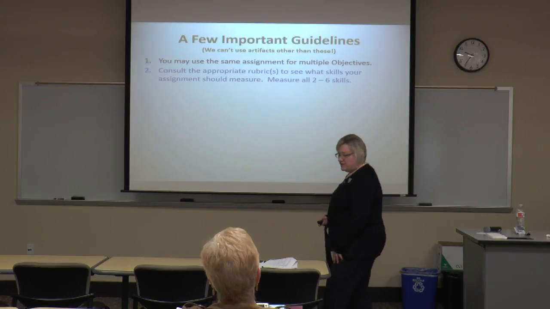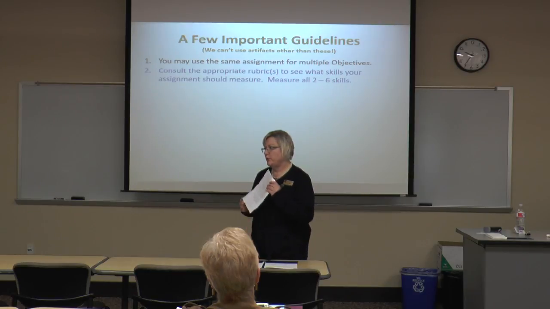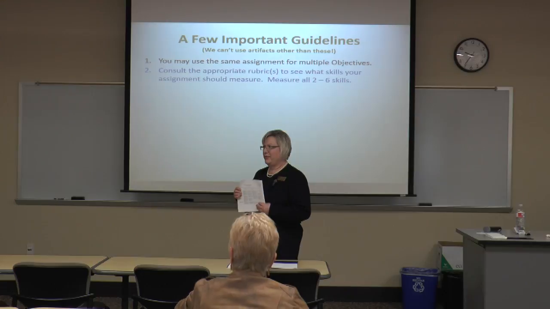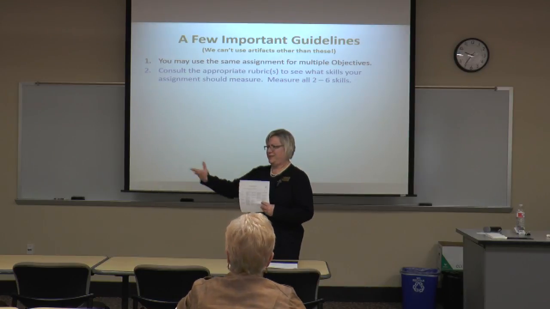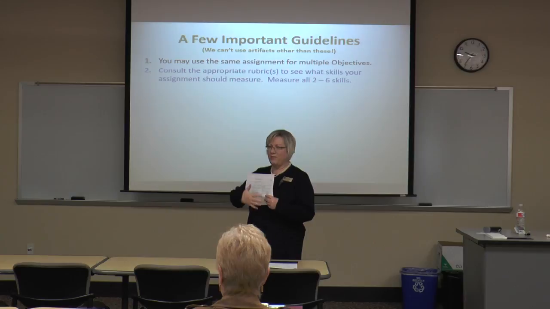One of the big problems that we're having is that people are making assignments without consulting the rubrics. People have a tendency to say, well, of course we do critical thinking in my class. That assignment does critical thinking. But they haven't looked at the rubric to see exactly how critical thinking is to be targeted or measured. Does that make sense?